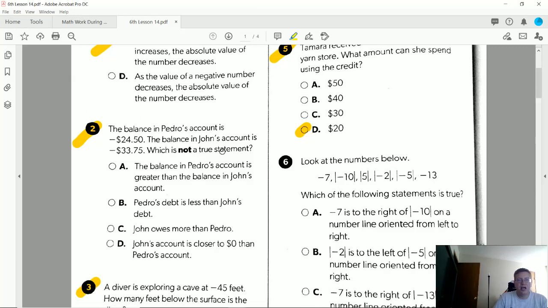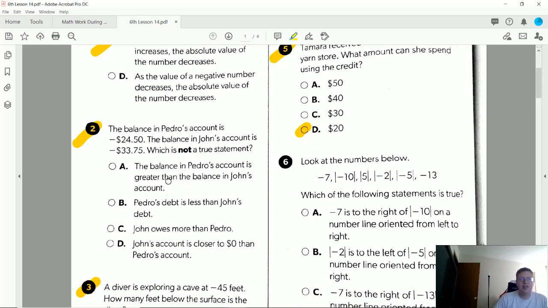Number 2, again, we're looking for which one is not a true statement. So Pedro has negative $24.50 in his bank account. John has negative $33.75. Which one is not true? So the balance in Pedro's account is greater than the balance in John's account. Technically, this is true because even though both of them have a debt, Pedro's debt is less than the amount that John has.